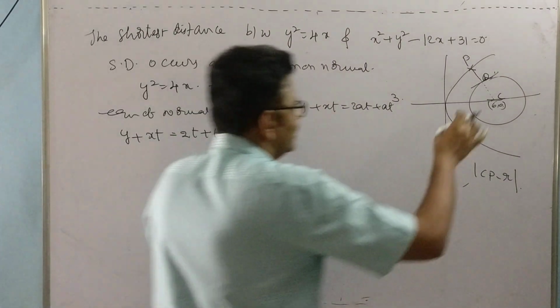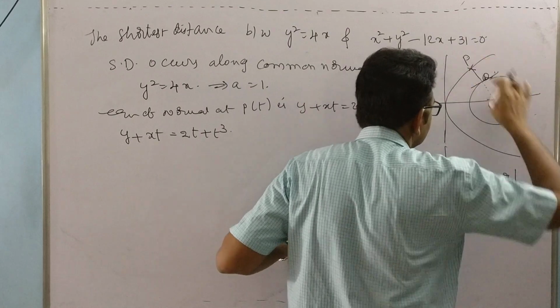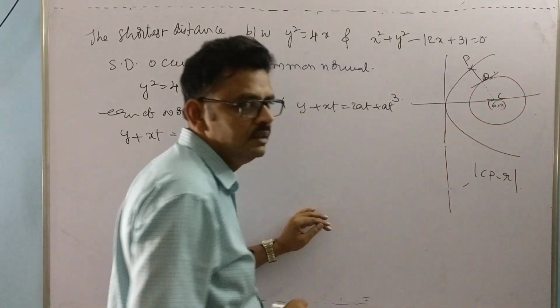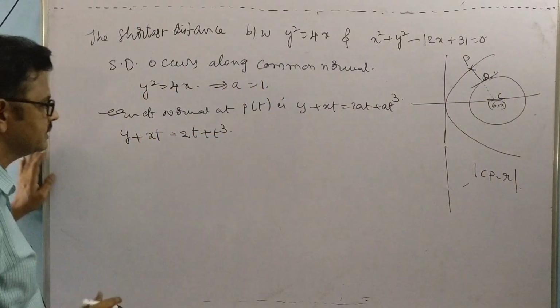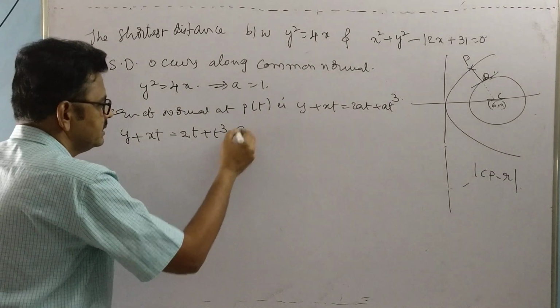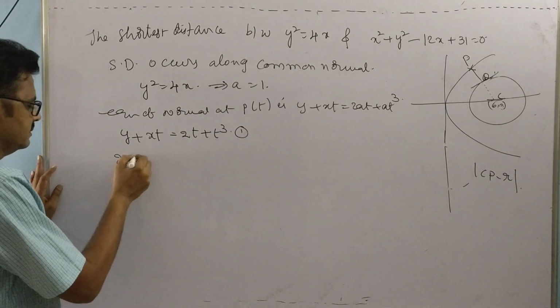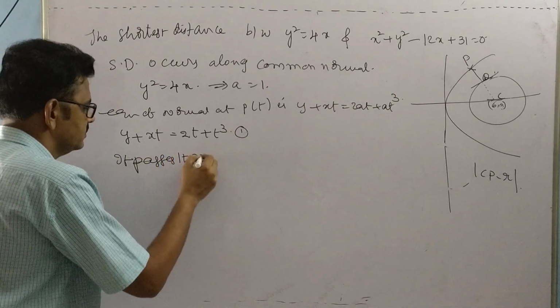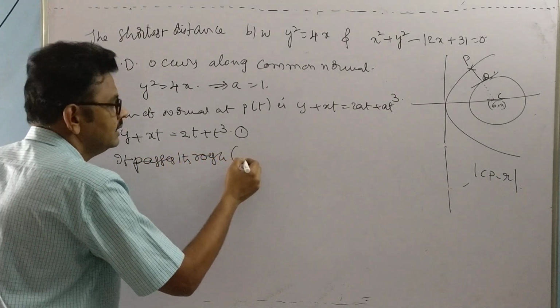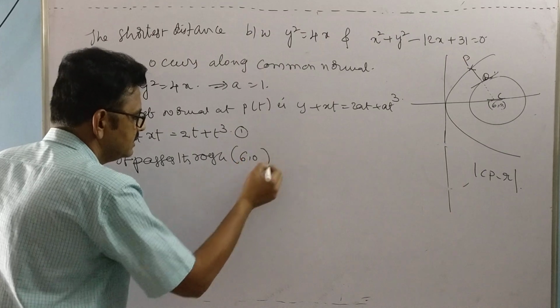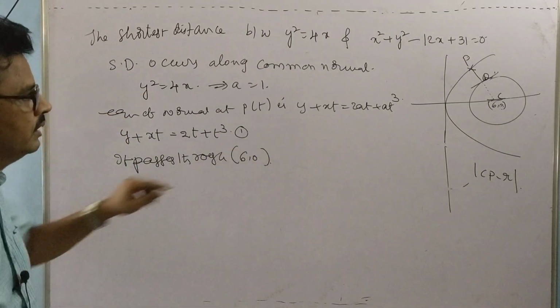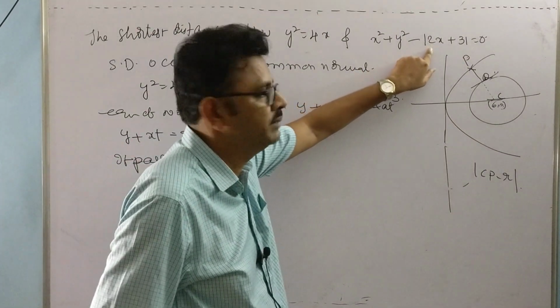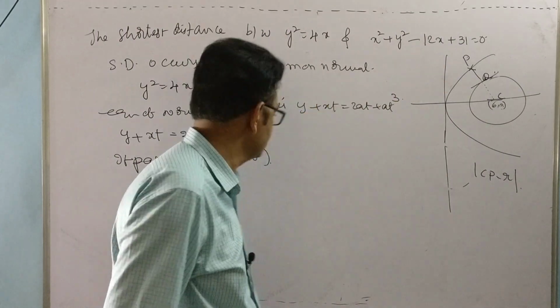It is also a normal to the circle. So it passes through the center of the circle, (6, 0), because the center of the circle is minus g, minus f, that is (6, 0).